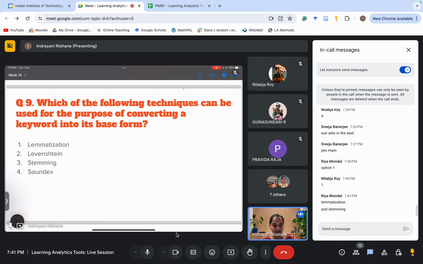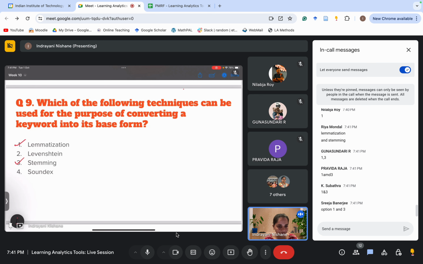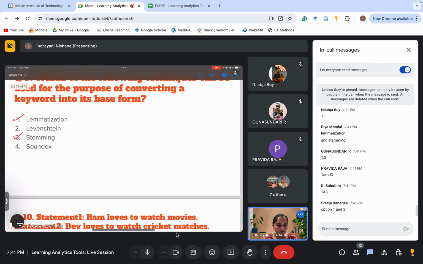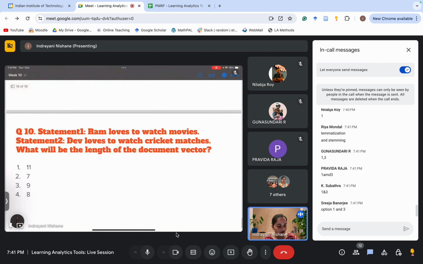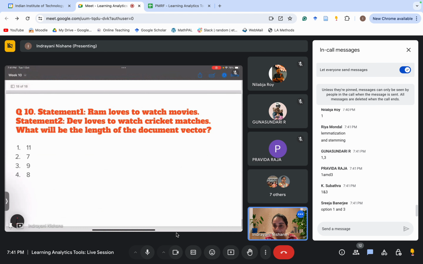Yes, now I'm getting correct answers. Lemmatization and stemming, option number 1 and option number 3. We saw lemmatization and stemming multiple times, and we saw how words are converted into their base form.